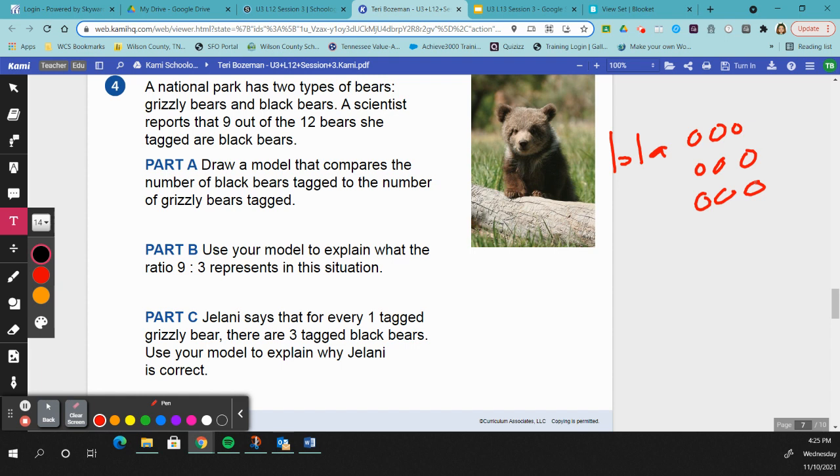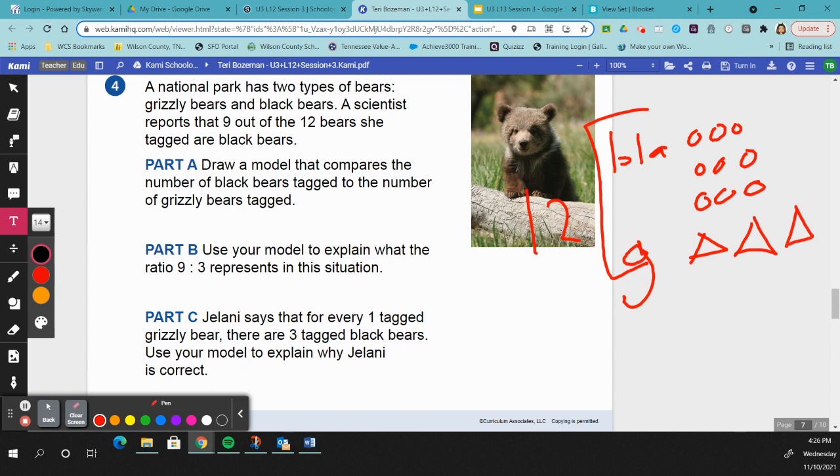And it has 2 types of bears, black bears and grizzly bears. We have a total of 12 because 9 out of 12 bears, right? So altogether we have 12. Well, we already have 9, so that leaves 3 more for grizzly.